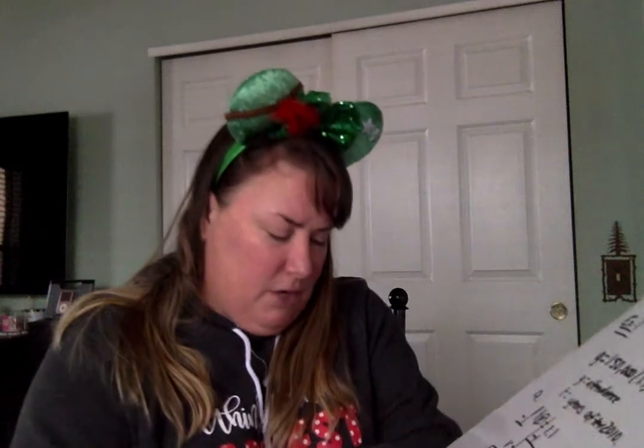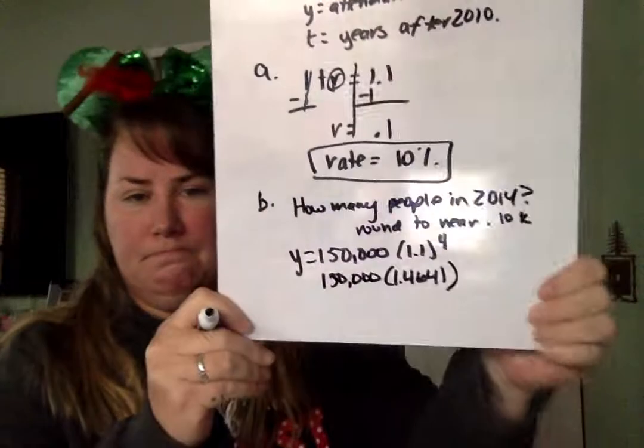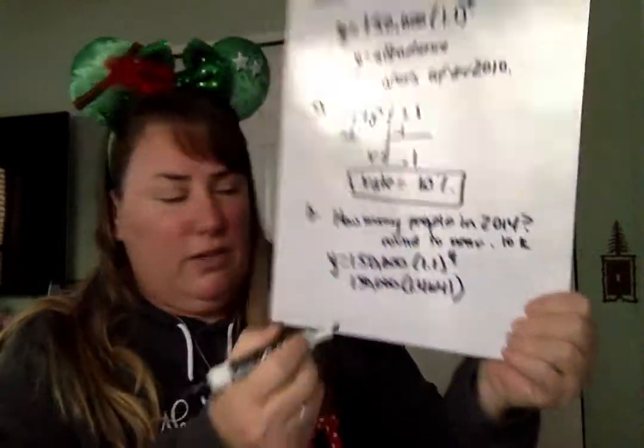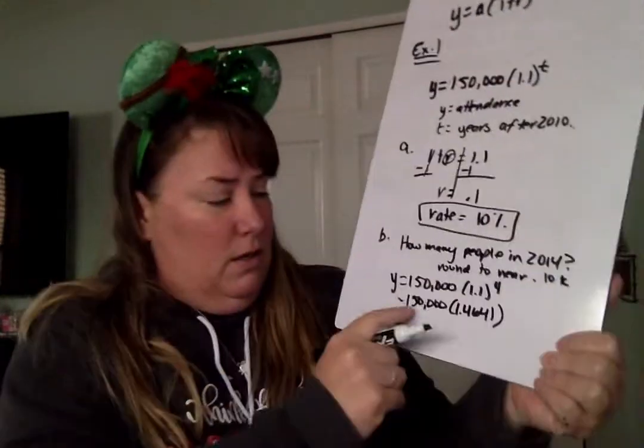Yes. Keep this in the calculator. So we have 150,000 times 1.4641. Keep that number in the calculator. And then, on your calculator, multiply this by 150,000.